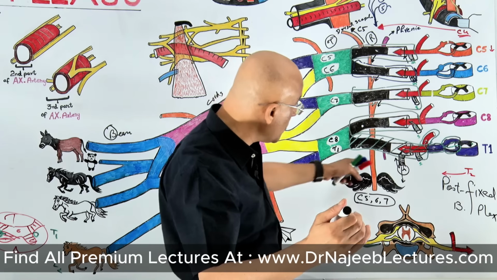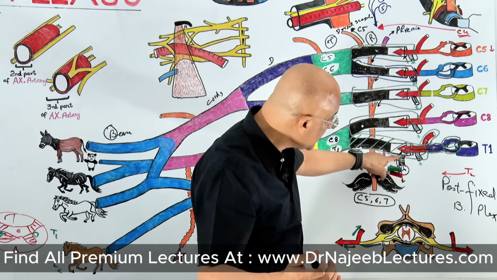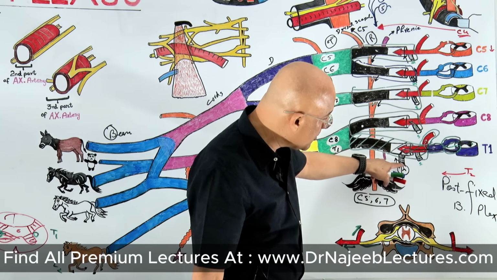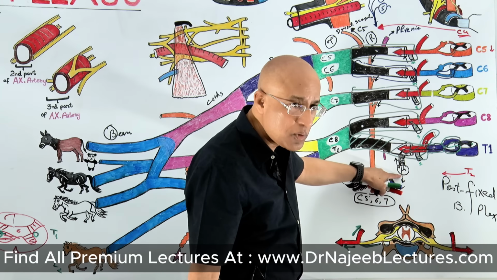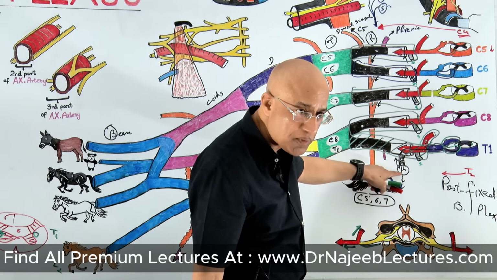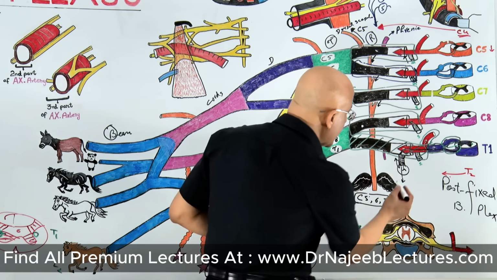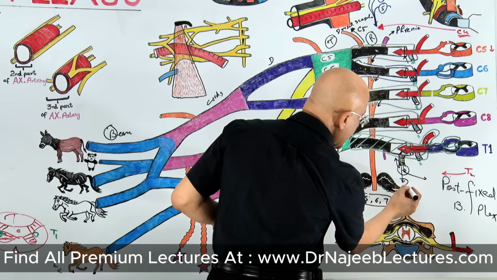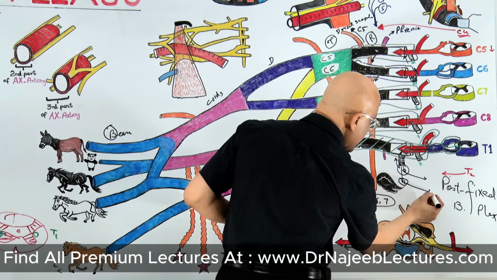When these fibers come into the white ramus, it is connected to the ganglion. Whatever fibers come here, some of them terminate here, and from there postganglionic fibers go. Some go to a ganglion below, and from there postganglionic fibers go out.